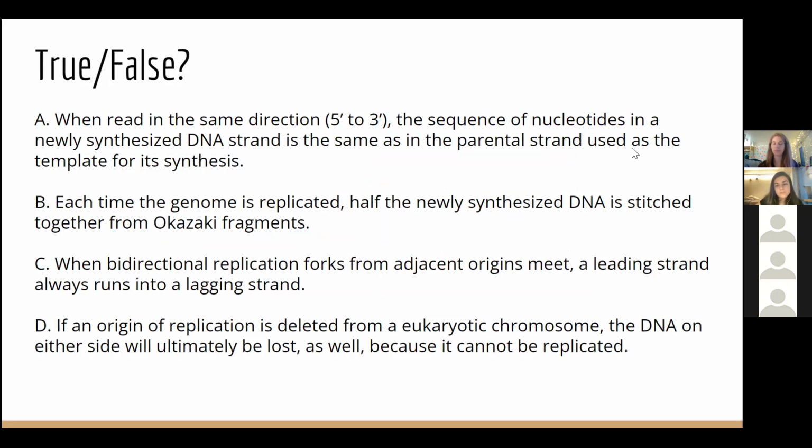Everyone good on those? Okay, so for D: if an origin of replication is deleted from a eukaryotic chromosome, the DNA on either side will ultimately be lost as well, because it cannot be replicated. Is this true or false?